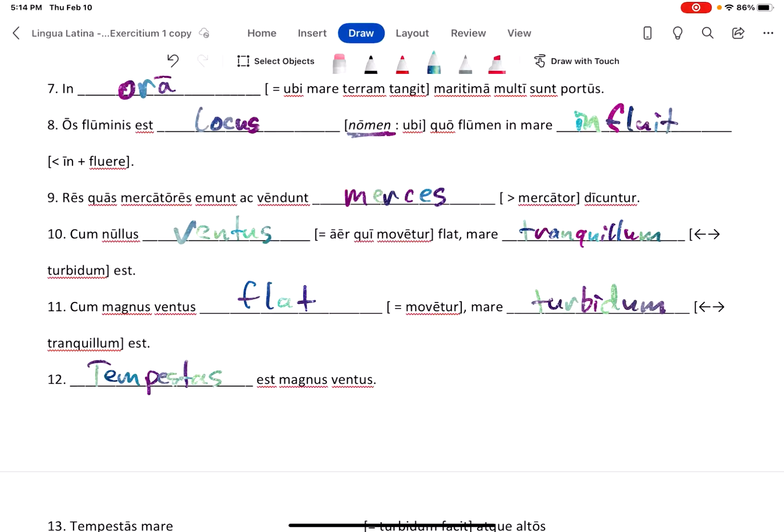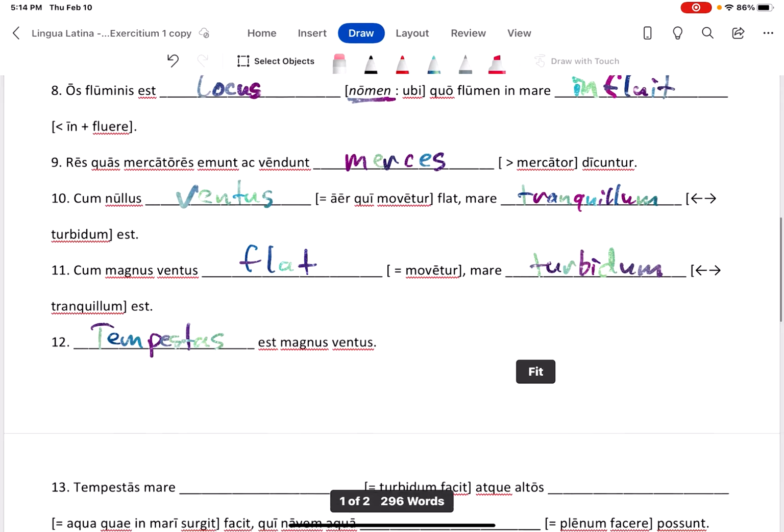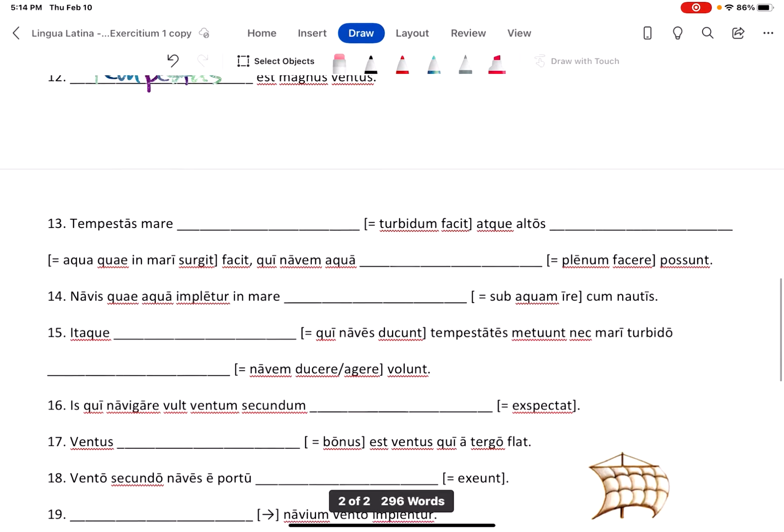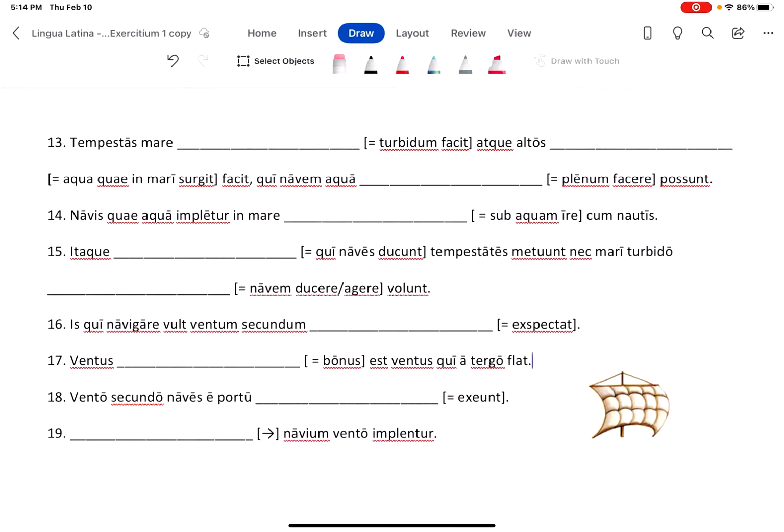Tempestas is tempest or storm. It's a large wind. Number 13, tempestas mare turbat, meaning tempestas facit mare turbidum. It makes the sea turbulent. It agitates the sea, stirs it up.